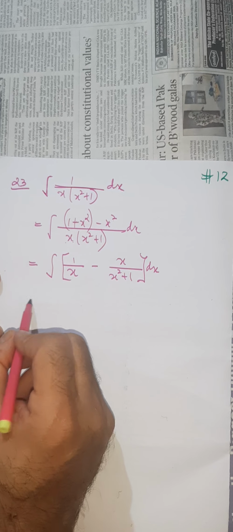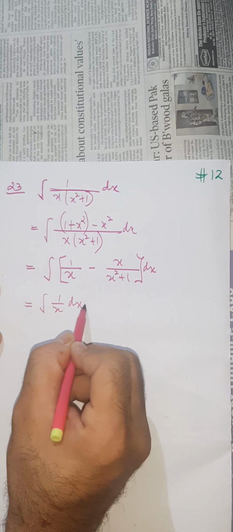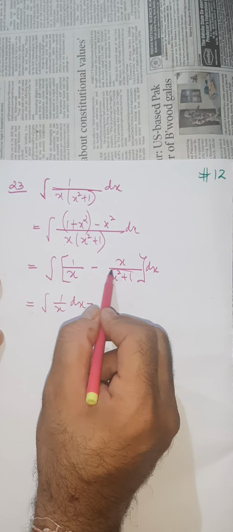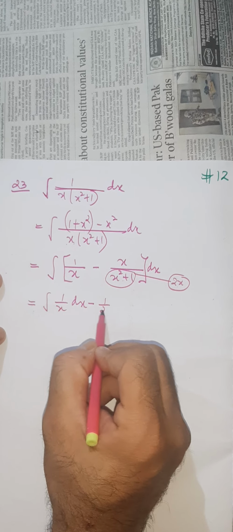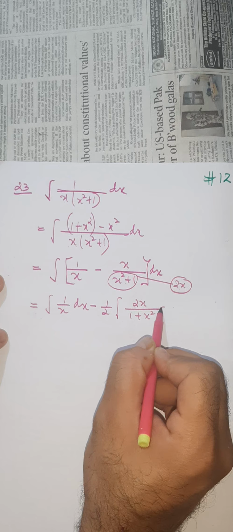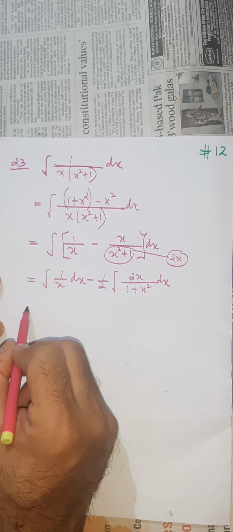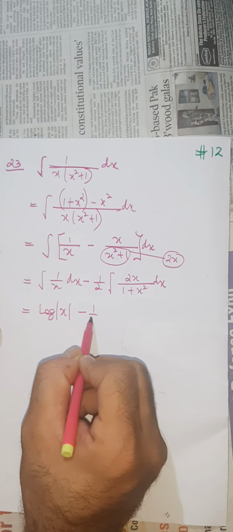Now this is a standard function. So here 1 upon x dx. This is linear upon quadratic. What's the derivative of this one? 2x. So I'll set there, multiplying and dividing by 2. So 2x upon 1 plus x squared the whole dx. This is log of mod of x, 1 upon 2.